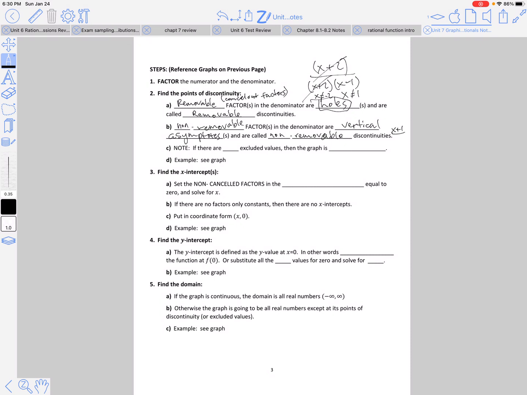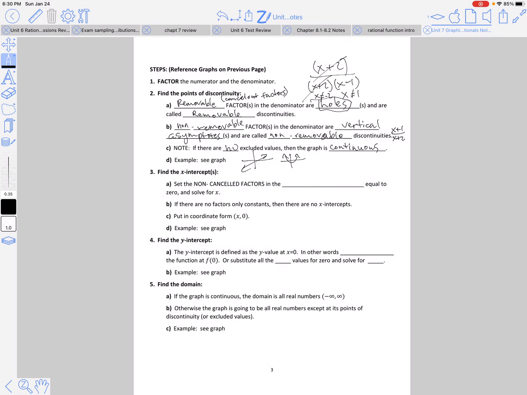So I have x plus 1 over x plus 2, non-removable right there. If there are no excluded values, then the graph is continuous. It has no gaps. And you worked with a lot of continuous graphs before, right? When you did linear, when you did quadratic, they went on and on forever, no gaps.